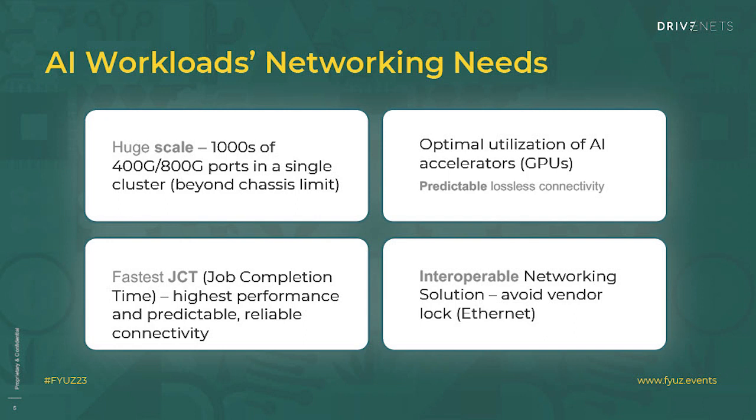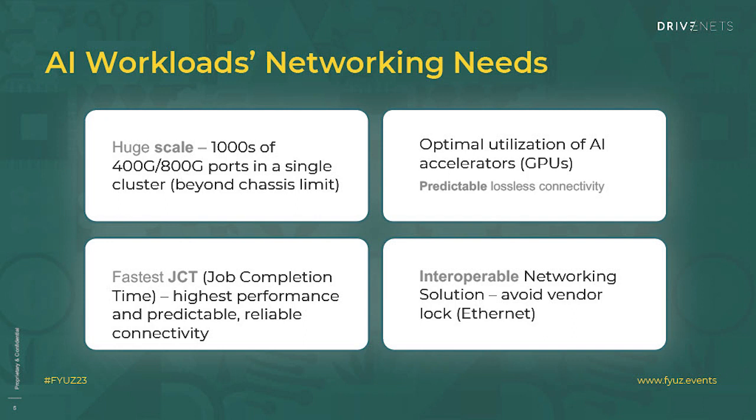Any millisecond that the GPU is not doing its work is money being lost, wasted from those billions of dollars that appear in the previous slide. So what they are starting to feel is that the connectivity solutions for those GPUs are starting to fall behind, are starting not to perform at the required scale. They're starting to affect the key KPI in AI networking, which is the job completion time.